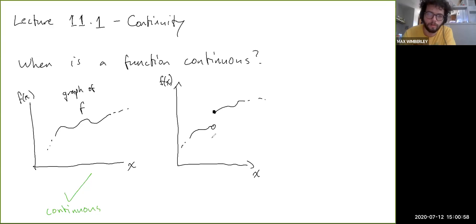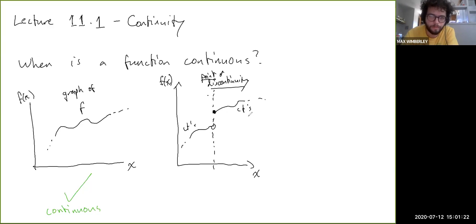Here is a point of discontinuity. If you just restricted your attention, it's continuous over here.